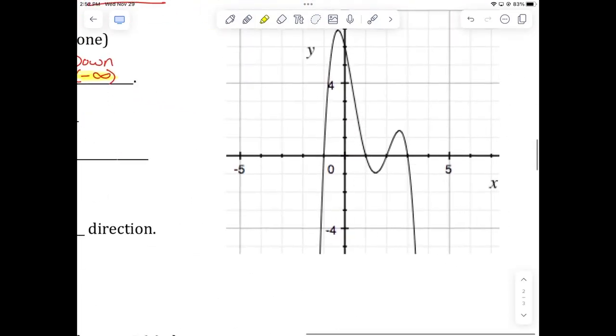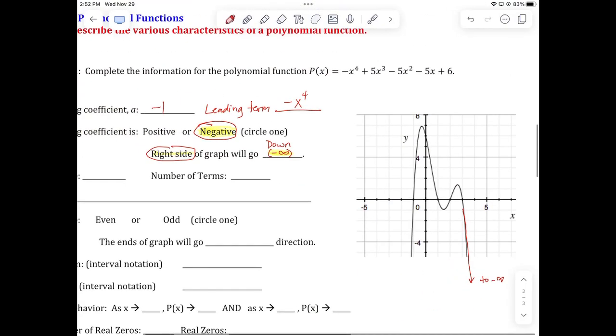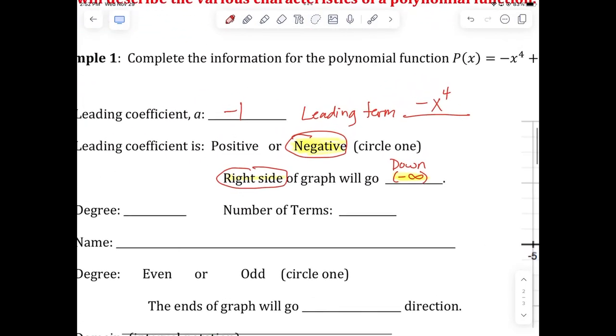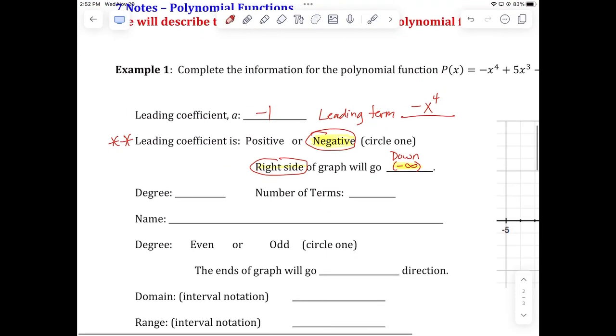And you can see on the graph over here that clearly, as we go out to the right end behavior, this goes down to -infinity. All right? If the leading coefficient had been +1, then the leading coefficient is a positive number, and the right end behavior is positive infinity. Got it? Okay?